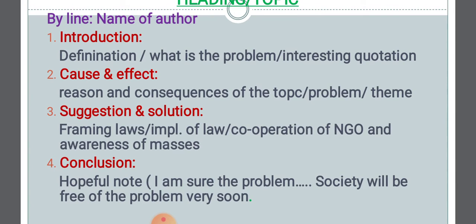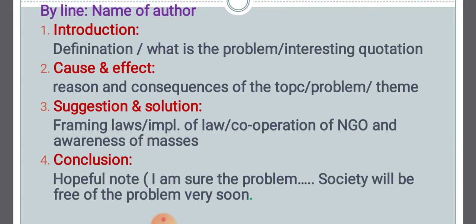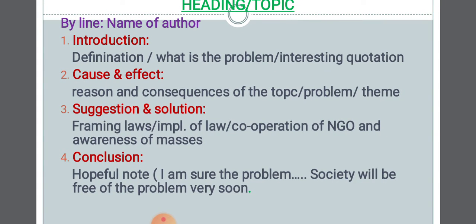Then implementation of the law: if you see that laws are being made but not enacted, you may write on that. Now cooperation: always talk about the cooperation of NGOs, awareness of the masses, the collaborative effort of the government, non-government organizations and the common people.